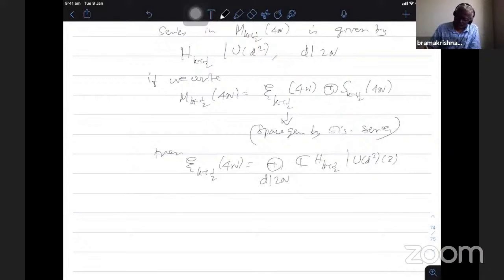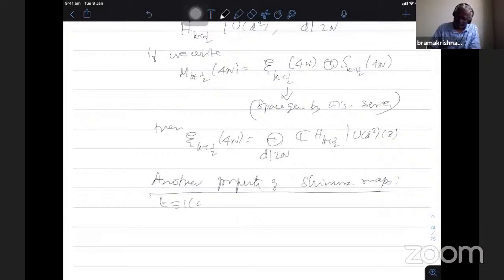Another property which is easy to see, another property of Shimura maps, for Shimura as well as Shimura-Cohen: when t is congruent to 1 mod 4, with (-1)^k t positive, and for all d dividing n, if I apply the Shimura map S_{t,n}, it is nothing but applying the d-th operator, and then suppose if I want to have level d, I take this d operator. I can also talk about the level n operator.